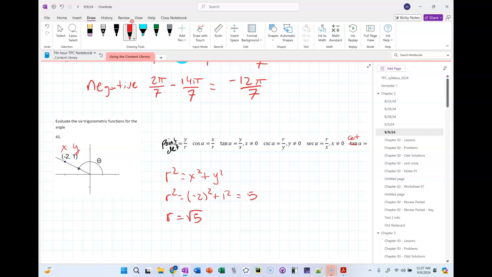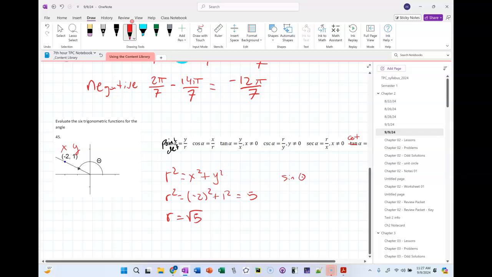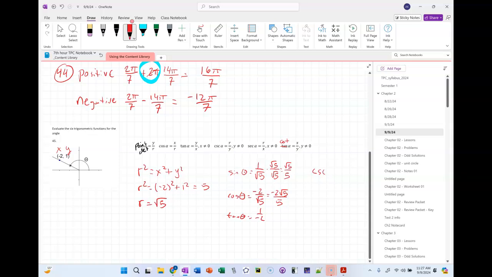And now I'm just filling in. So sine theta is going to be y over r. But I have to rationalize that denominator because I don't like the radical down there. Cosine is going to be x over r. But I got to rationalize the denominator again. Tangent is y over x. And then cosecant is the reciprocal of sine.